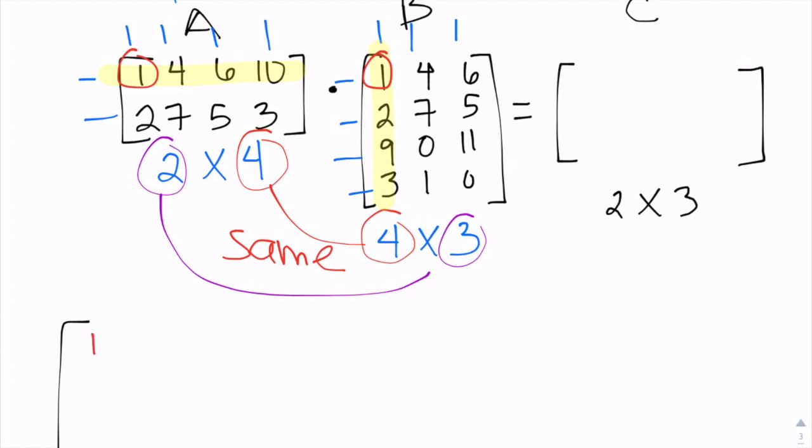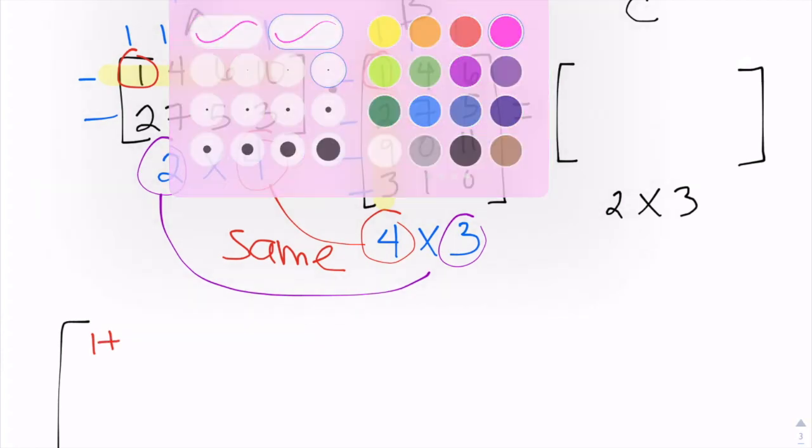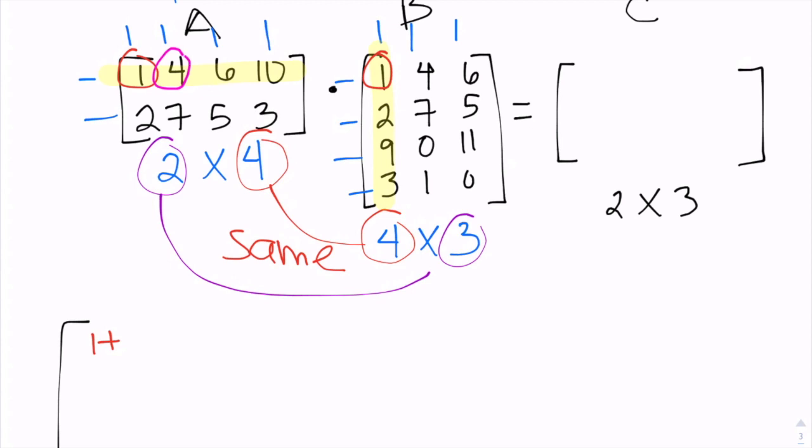And then we're going to add 4 times 2, because we're going over 1 in the row and down 1 in the column, and that's 8.